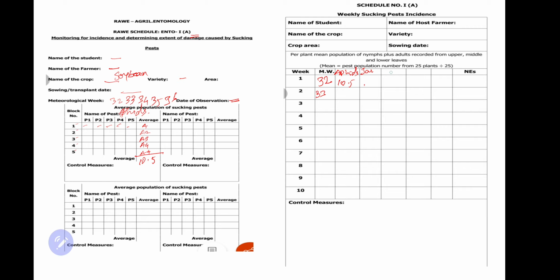If a third pest is there like whitefly or thrips or whatever, mention their population. But remember that you should count the population for aphids, jassids, whiteflies, thrips, or whichever pest occurred on your crop. Use the same crop and the same date of sowing.